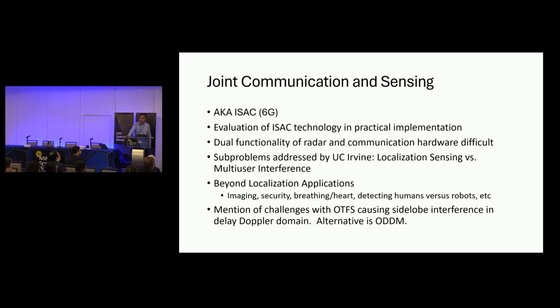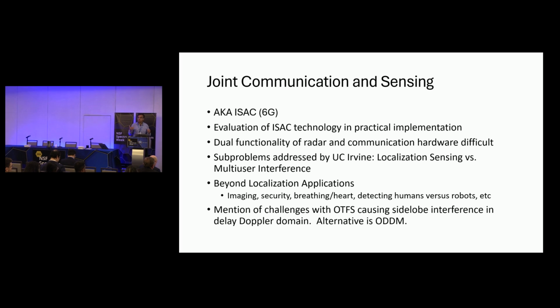Also, a lot of interesting research projects that we're hearing about these days are on joint communication and sensing, or, I was told ISAC is what I should be calling it. So basically, I guess that's the 6G terminology for joint sensing and communication.